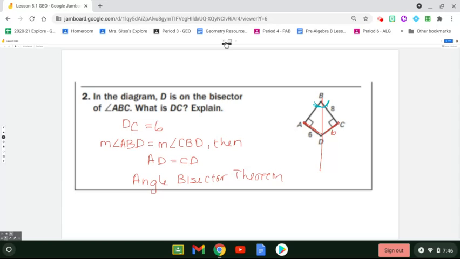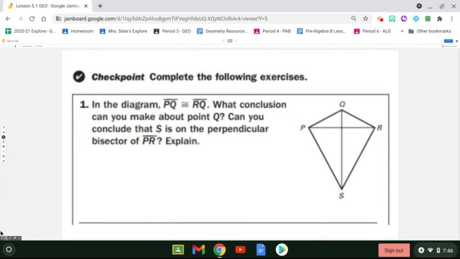It is an application of the perpendicular bisector theorem. Okay, in this one, it says in the diagram, PQ is congruent to RQ. So I'm going to mark my tick marks. What conclusion can you make about point Q? Let's think back to the perpendicular bisector theorem.